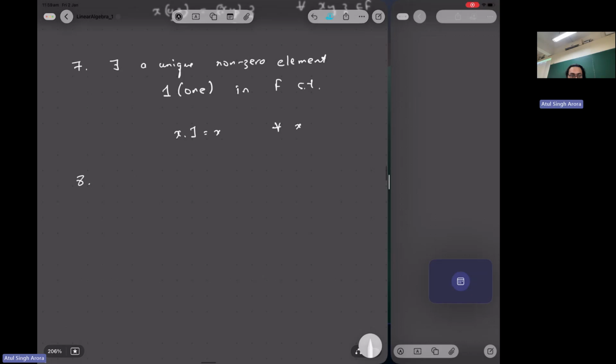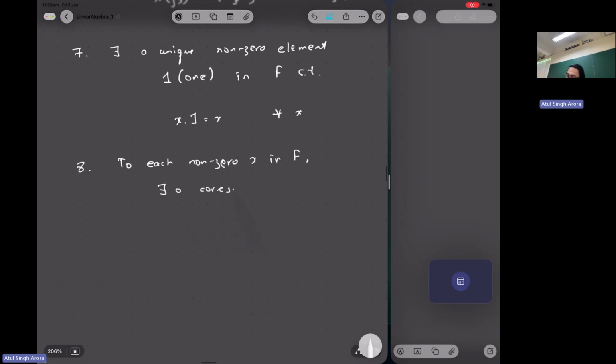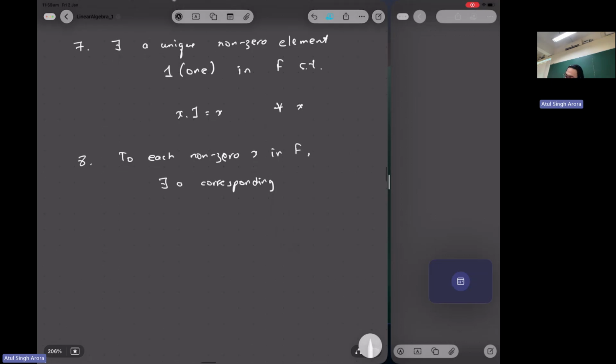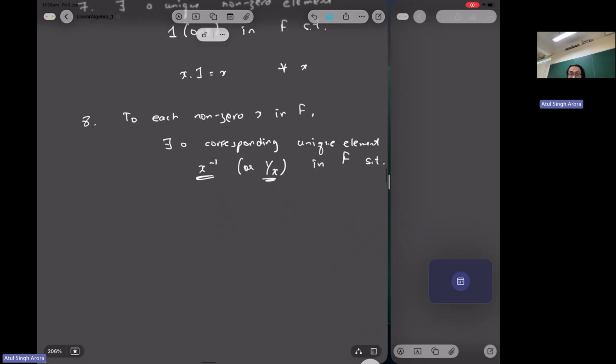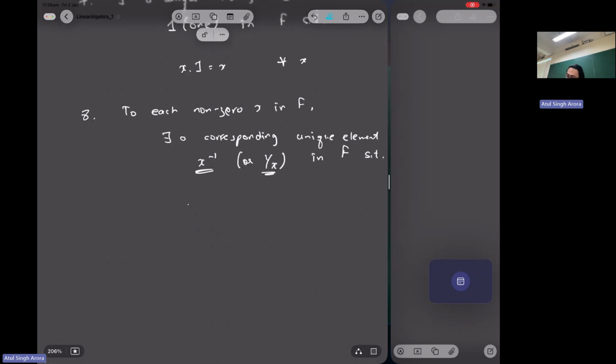The 8th property is the inverse. So to each non-zero x in F, there exists a corresponding unique element, x inverse or 1 by x, in F, such that, this is just a notation we're using for that specific element. I have to admit I'm bad with spellings, so please correct my spellings as you go along. And what should it satisfy?